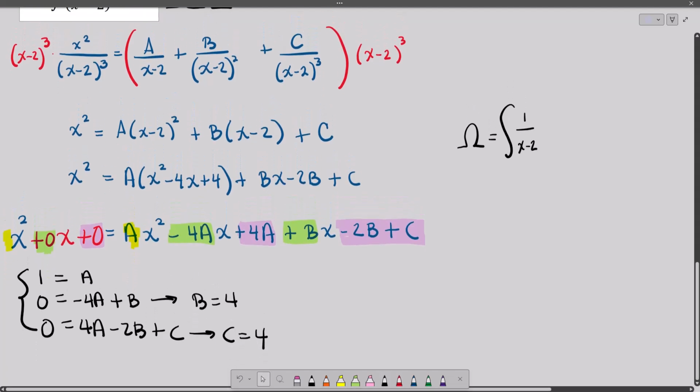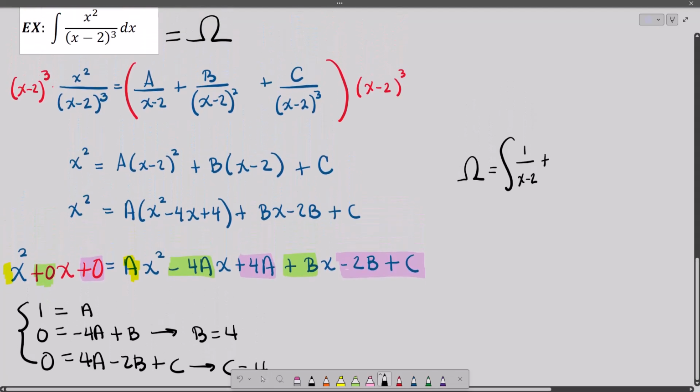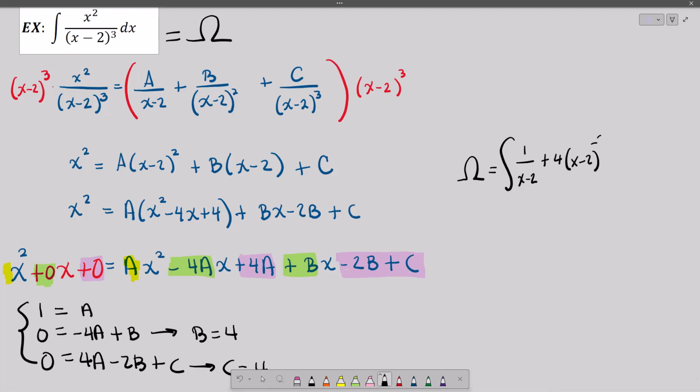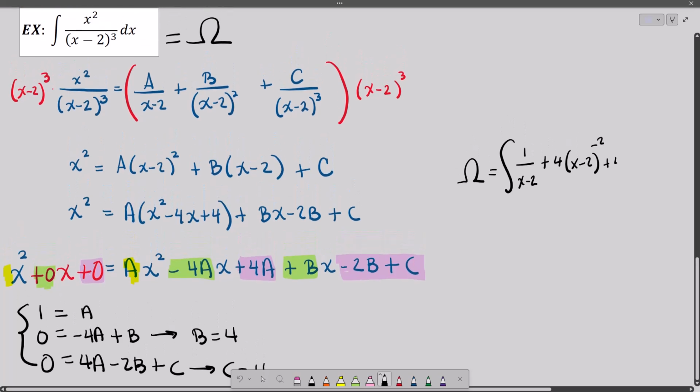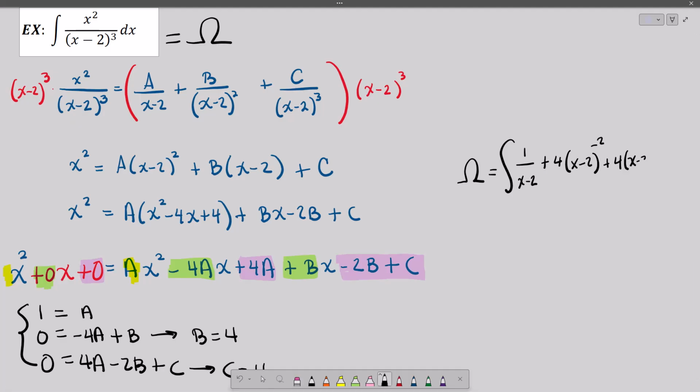So B we got to be 4. C we got to be 4 also. So there's the integral after plugging in the constants.